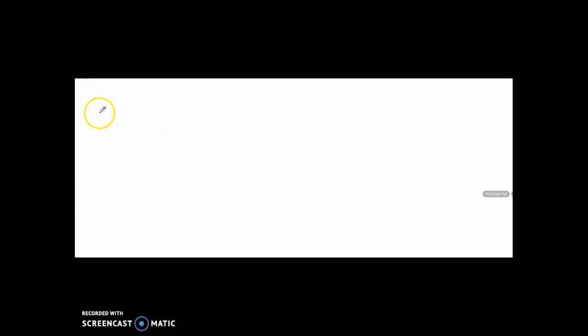Okay, let's redraw the diagram. So you have a platform like this, and your books produce a distributed load. So there are two distributed load systems. The first one, let's take red color, is like this.